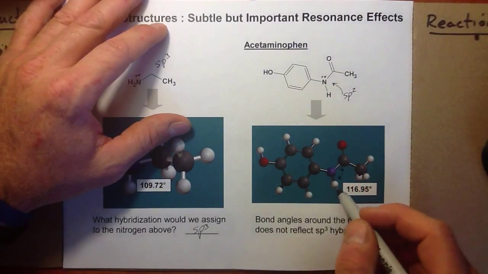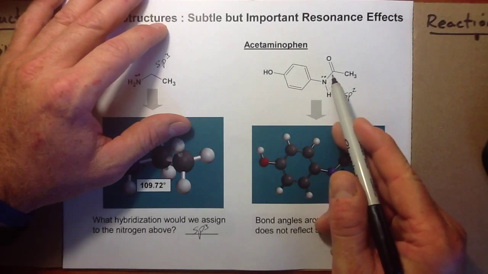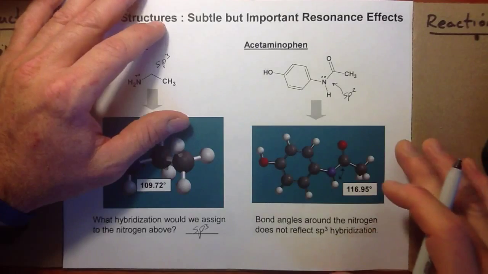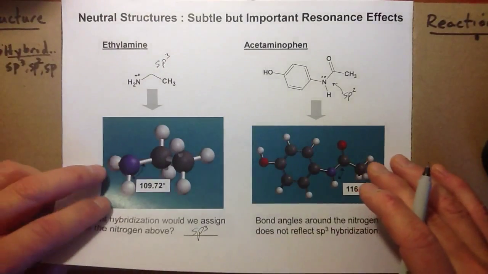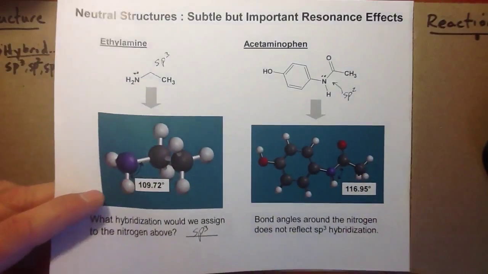That's reflected here. The angle between the hydrogen and this carbon, the nitrogen-carbon bond, is 116. That reflects something more of sp2 hybridization than sp3. So let's look at this acetaminophen in more detail.